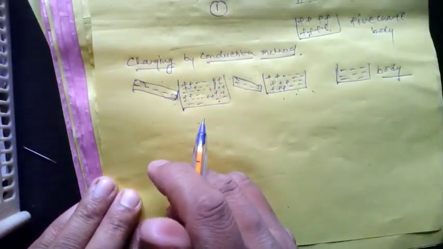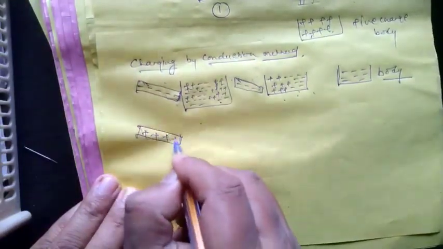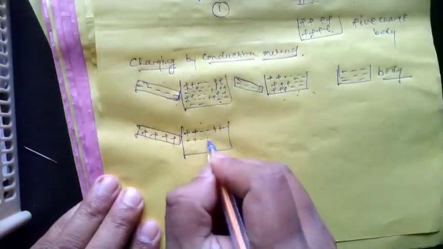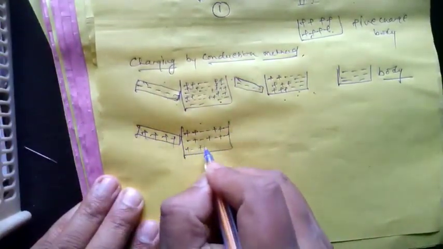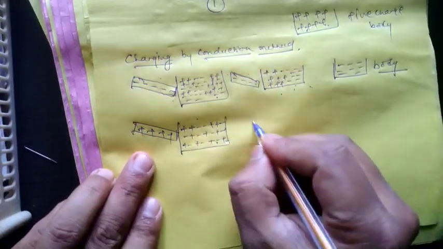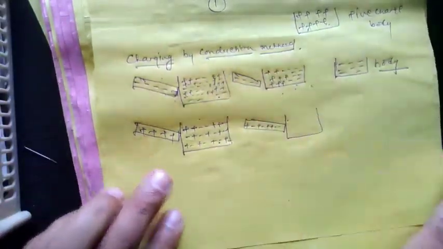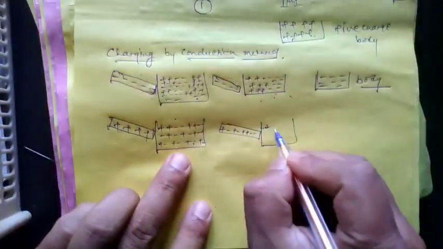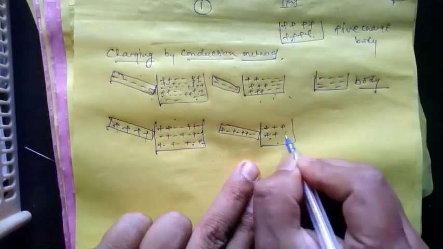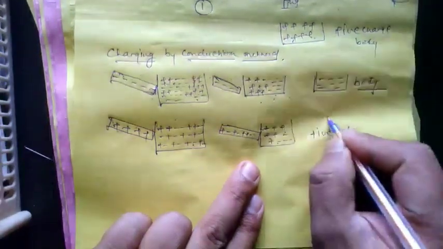And suppose that when a glass rod is rubbed with silk, the glass rod becomes positively charged. When this positively charged glass rod touches the neutral body, the negative charge is attracted to the positive side, and the body will have a deficiency of electrons, or excess of positive charge, and finally it will become a positively charged body.